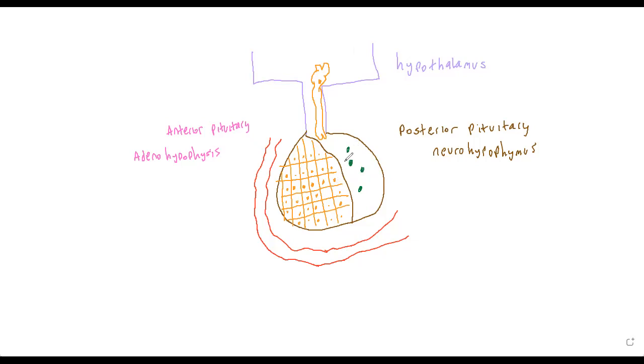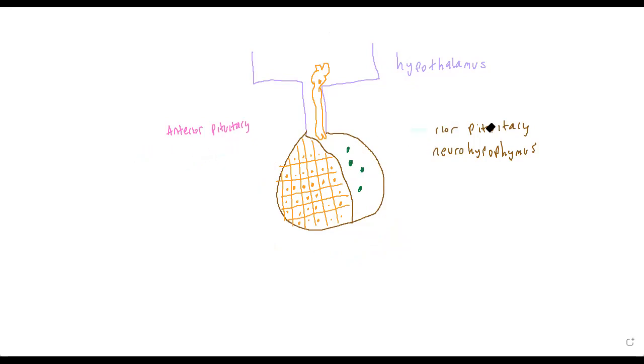Okay, now the endocrine system works on a system called a negative feedback system. So I'm going to go ahead and erase this bloodstream here just because we need more room. I'm going to go ahead and erase the posterior pituitary because we're not going to be using it for this pathway.